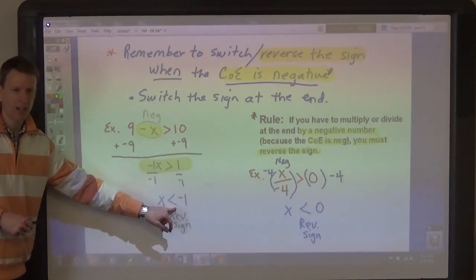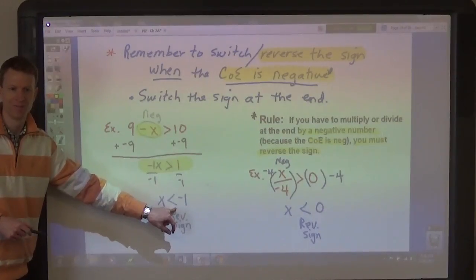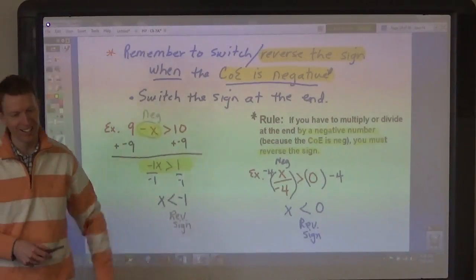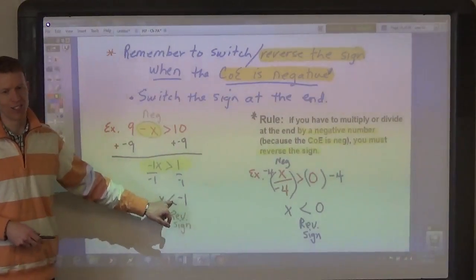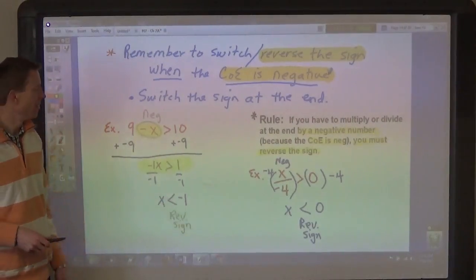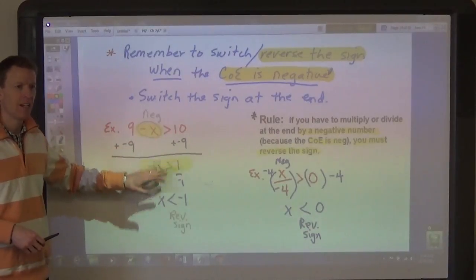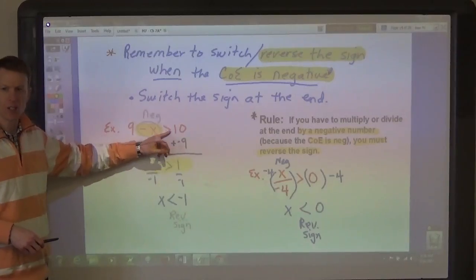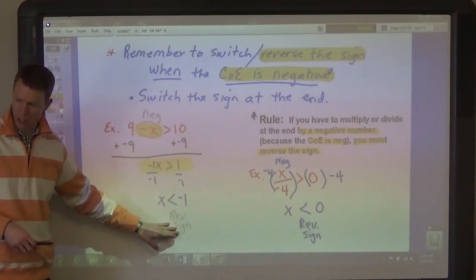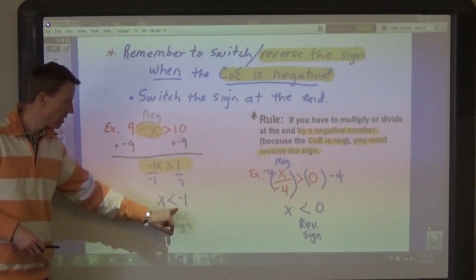Does anyone wonder why? No. You don't have to know why. You just have to do it in order to get the correct solution. The reason is that if you were to pick a number on the side, you don't get the right solution if you keep the sign the same way.